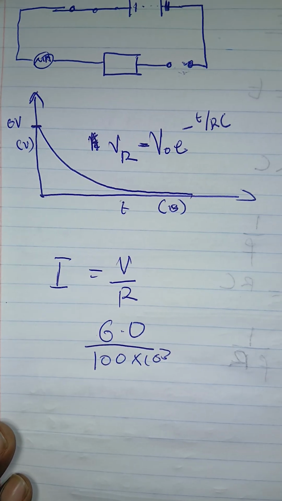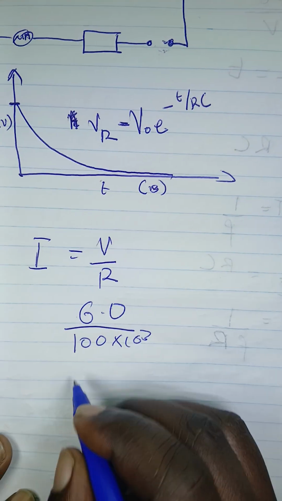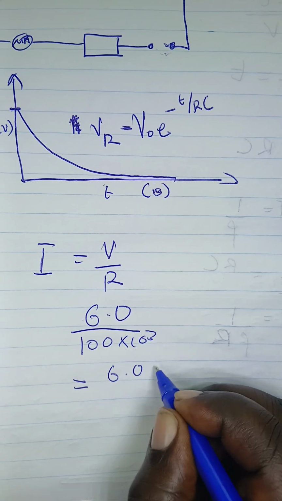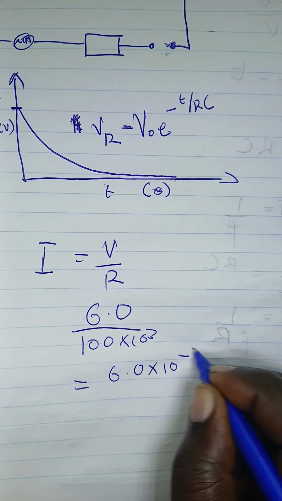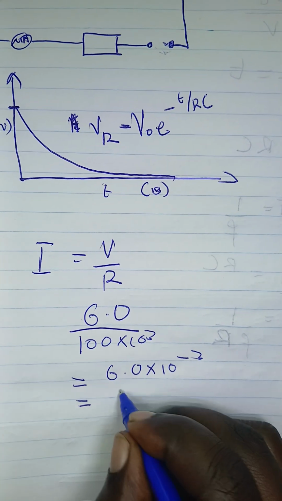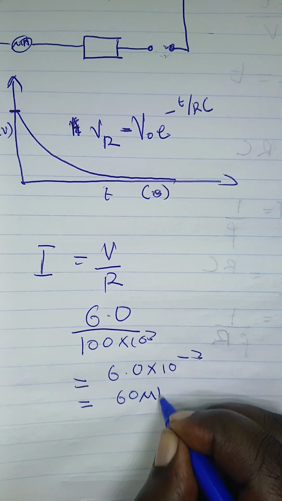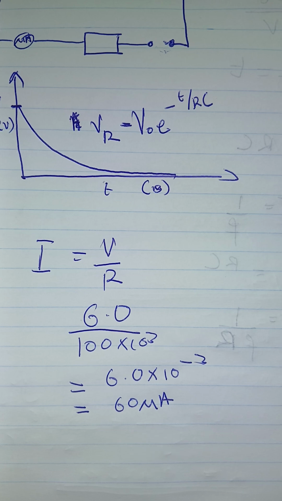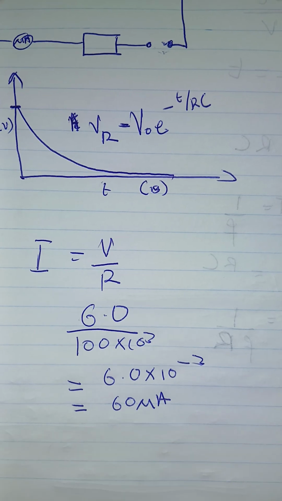It's a 100 kilo-ohm resistor. So this is equal to 6.0 times 10 to the power minus 5, which is equal to 60 microamps. That's the initial current.